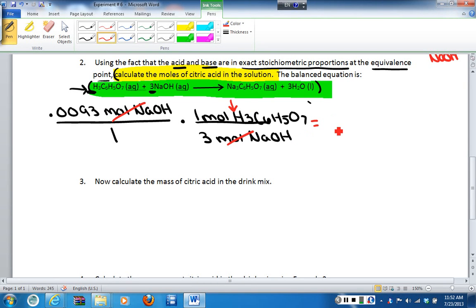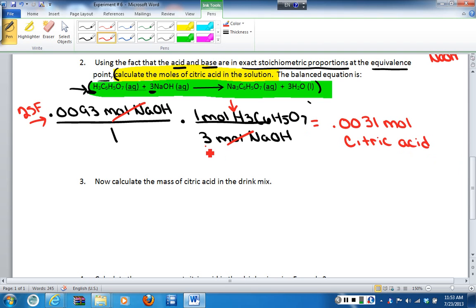When we do this calculation, we get an answer of 0.0031 moles of citric acid. We have to pay attention to our significant figures. We know that in this number, there were only 2 significant figures.